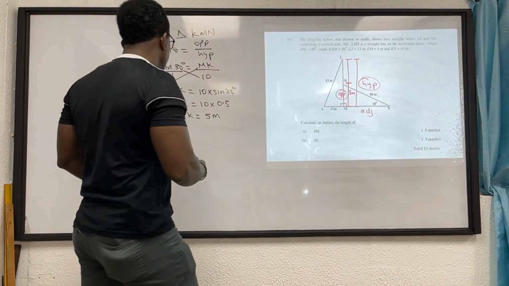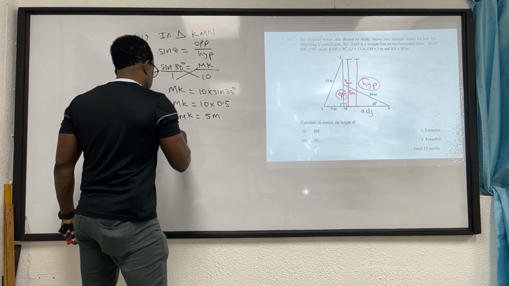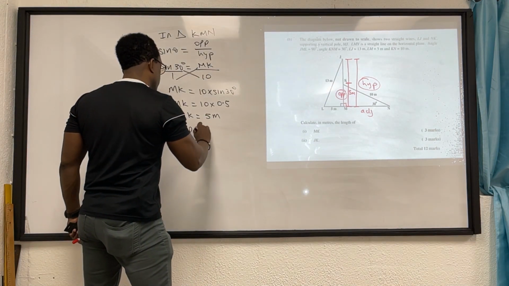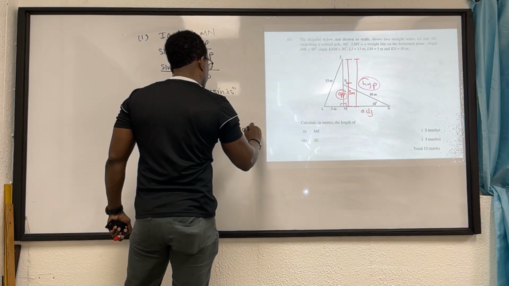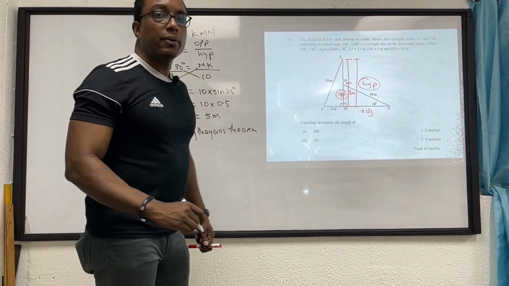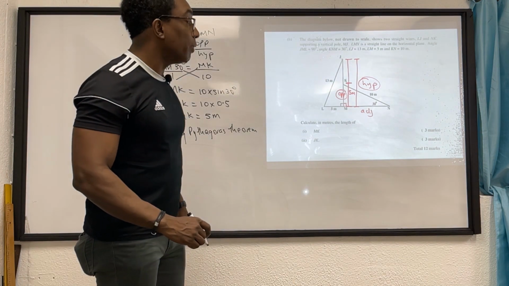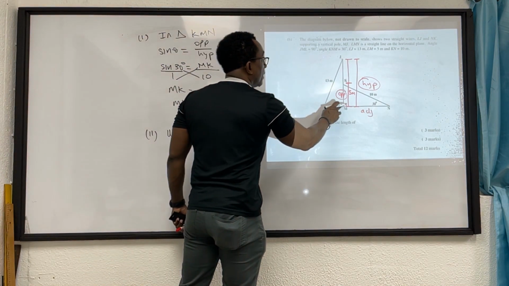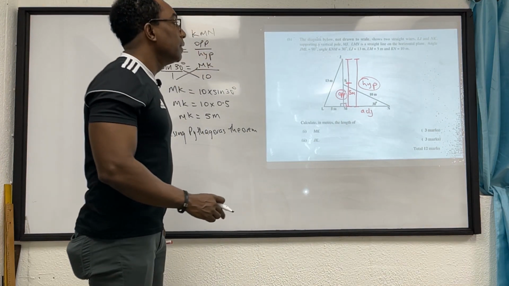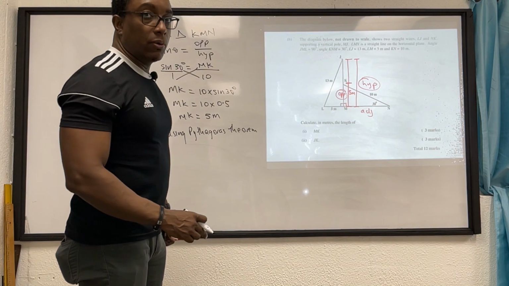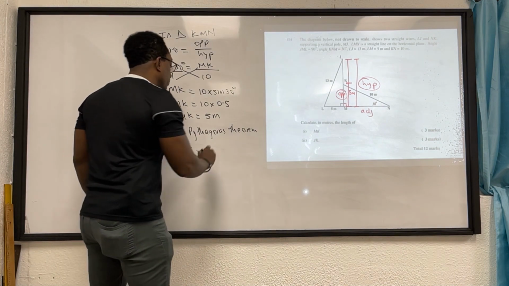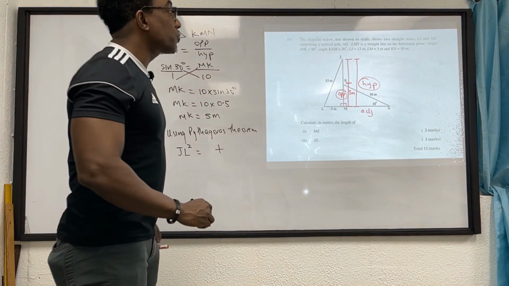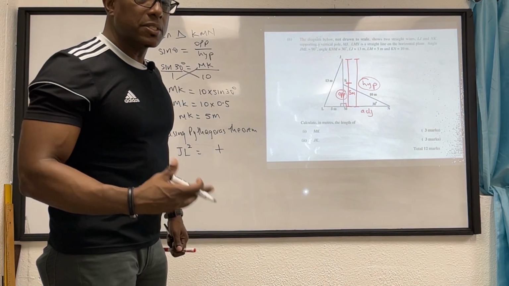So using Pythagoras theorem, remember with Pythagoras, we begin with what? The hypotenuse squared. The hypotenuse in that right angle triangle is the length JL or LJ. So I put JL squared is equal to the sum of the squares of the other two sides. And again, it doesn't matter the order.